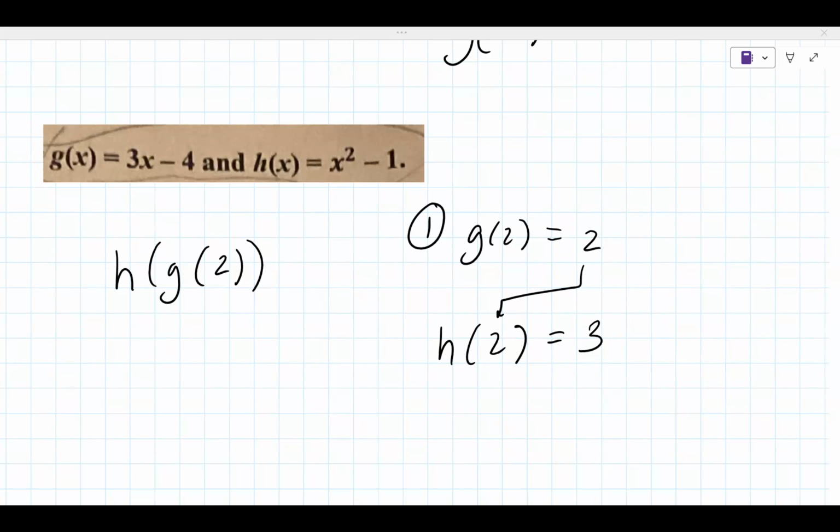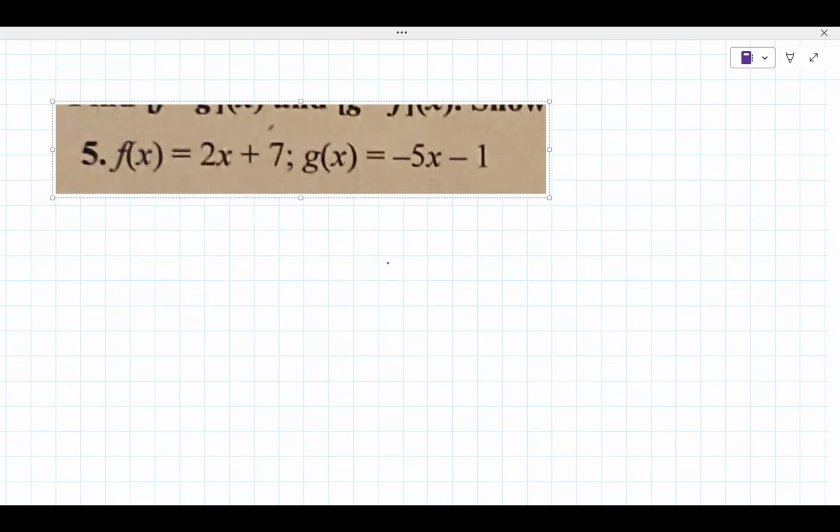So let me grab a new problem here. Let's say I wanted you to find f bubble g of -2. The bubble is the composition.